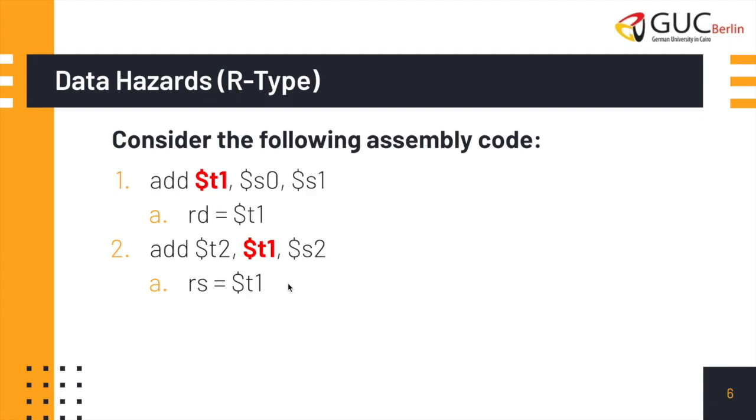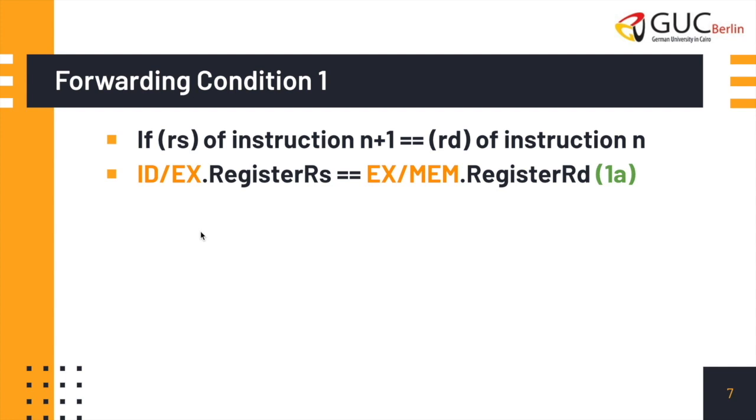Register RS of instruction n plus 1 is this one, register T1. I'm checking if it is equal to the register RD of instruction n. So instruction n is instruction 1, instruction n plus 1 is instruction 2. I'm checking, is RS here equal to RD here? Is my source register the destination of the previous instruction or not? This is my first condition, and it is performed as follows.